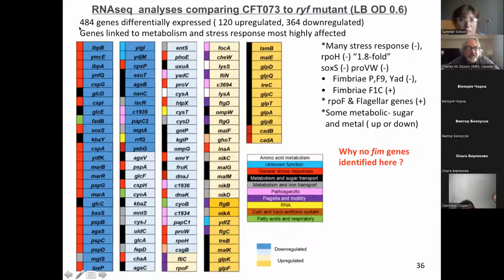We did RNA-seq analysis, and then we identified over 400, nearly 500 genes that were differentially expressed, many of them being downregulated, and many of them being linked to metabolism and stress response were highly affected. And so majorly downregulated genes here.